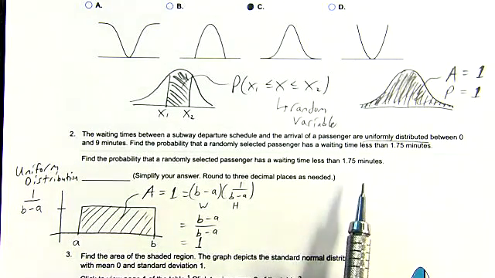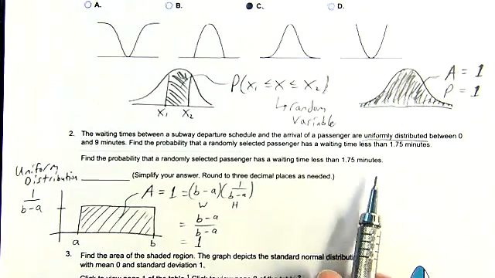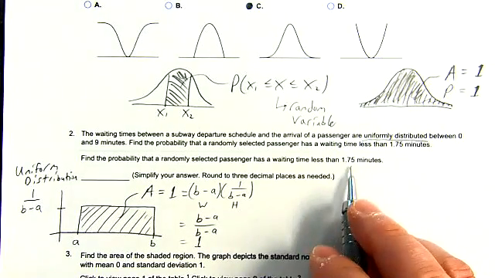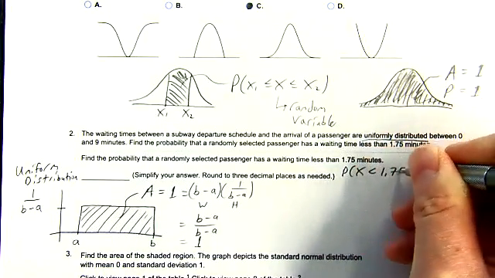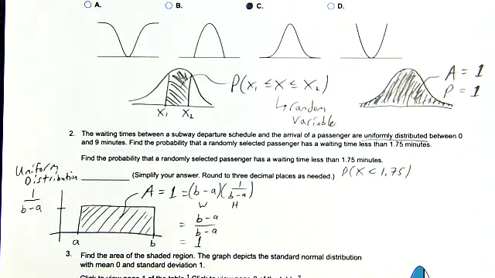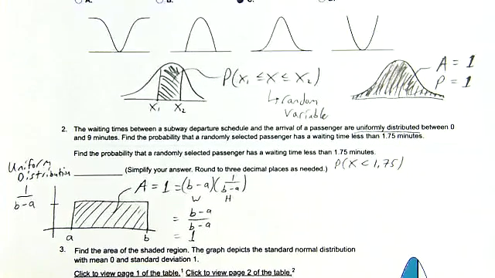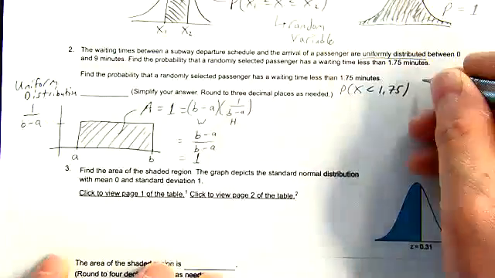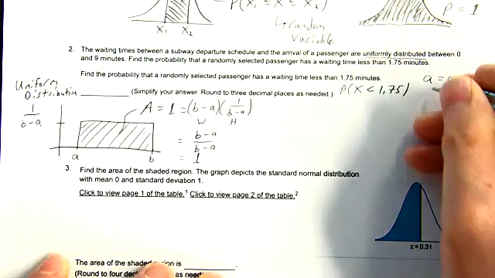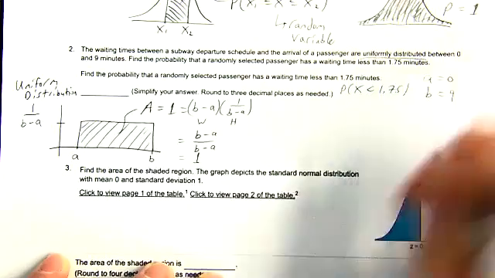So now for this problem, it says, find the probability that the person waits less than 1.75 minutes. So this is the probability that x is less than 1.75. And they tell us that the bus will arrive between 0 and 9 minutes. So that would be A, the first number is 0, and B, the second number is 9.